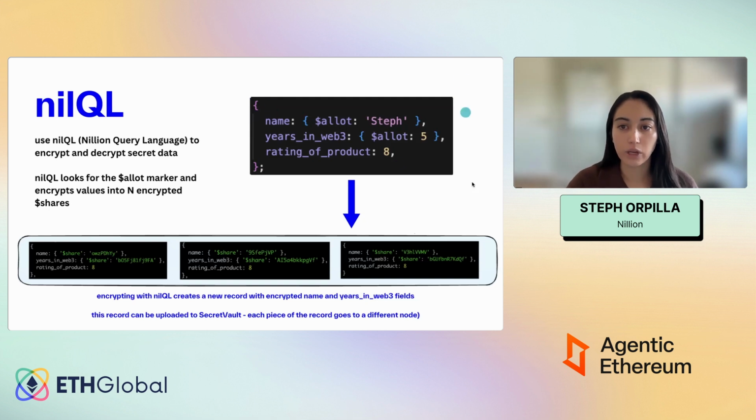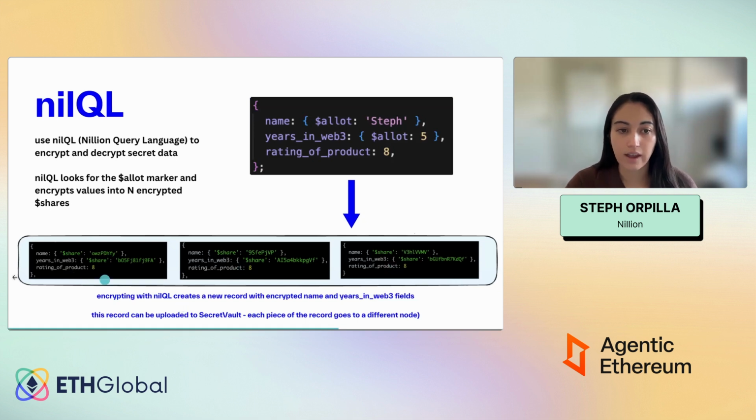And when NilQL runs on this record, when you encrypt it with the library, this is what the resulting data could look like. So I have 3 different sets of data, and each of these sets has those encrypted properties. So you can see name and years in Web3 in all 3 of these is written with a share. And the shares are different between nodes.